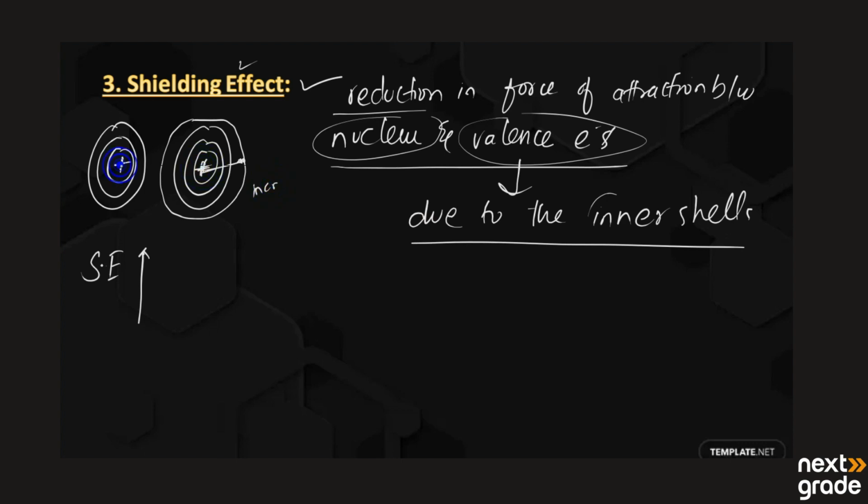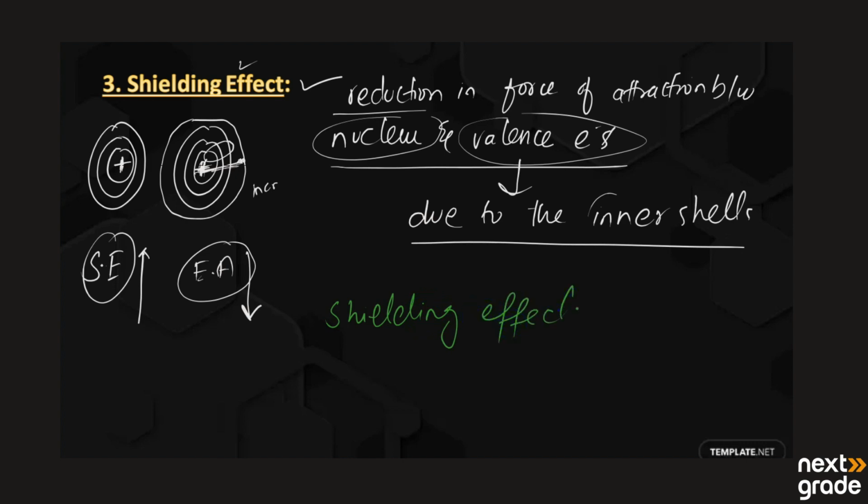Now the nucleus will pull the electrons with less force. So when the shielding effect increases, electron affinity decreases. There is an inverse relation between the shielding effect and the electron affinity.